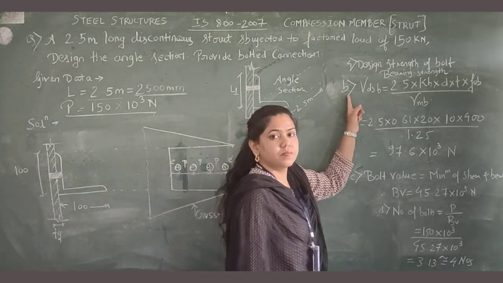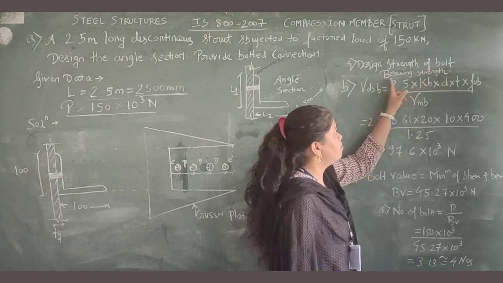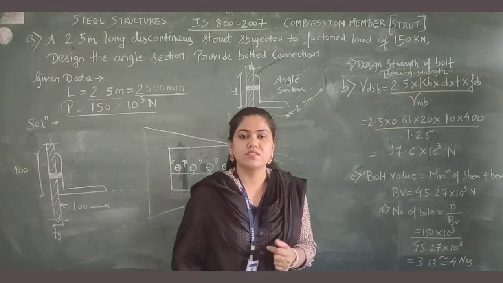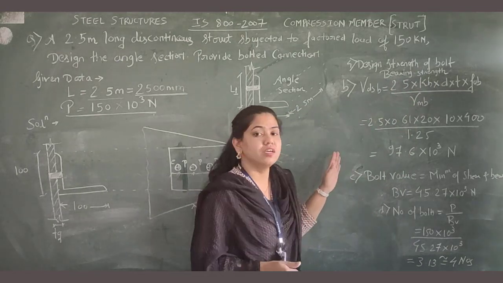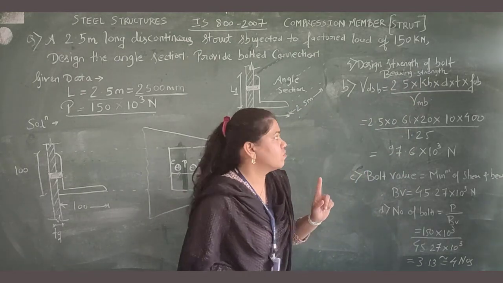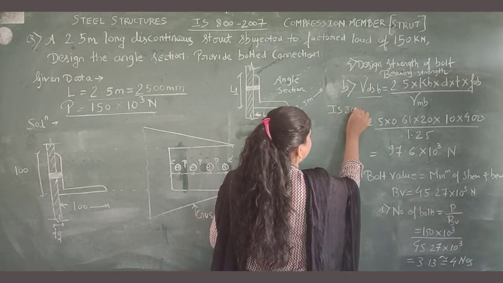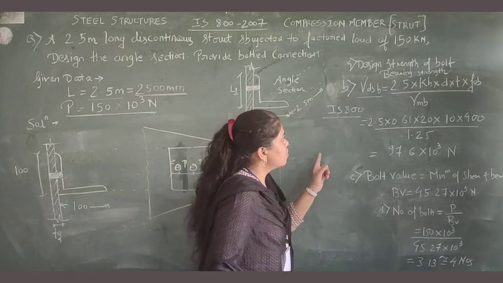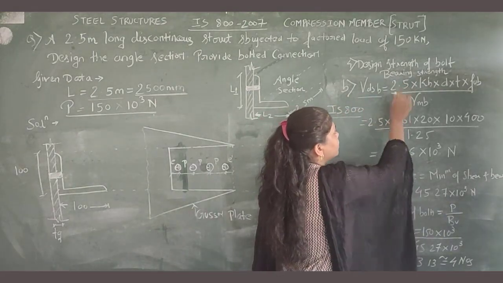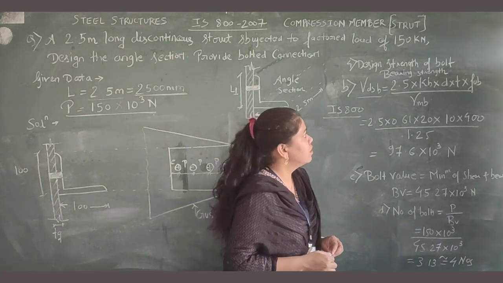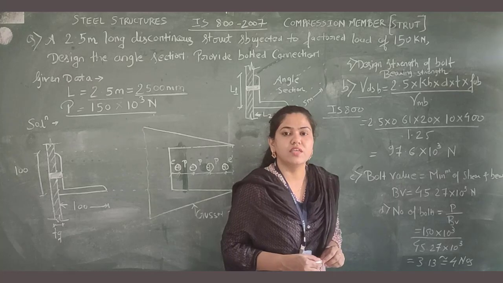In the next step, design strength of bolt, that is the bearing strength. First we calculated the shearing strength of bolt. Now we are going to deal with the bearing strength of bolt. There is a formula mentioned in Indian Standard 800, you have to refer. So VDPB, the formula is 2.5 into KB into D into T into FUB upon gamma MB.